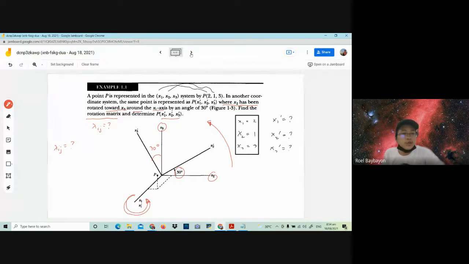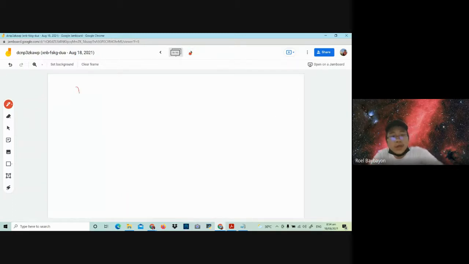Okay? So kuhaon nimo pila ka book lambda ij na koy 9 because this is in 3 dimension. Lambda 1 1, 1 2, 1 3 up to lambda 3 3. So first, what is lambda 1 1? This is cosine. So first na to kuhaon is lambda ij's. What is this equal to?